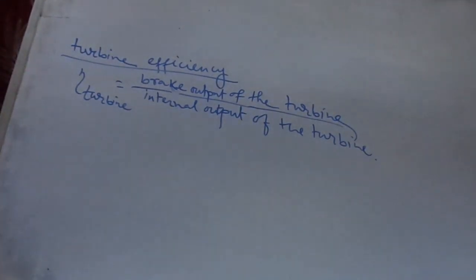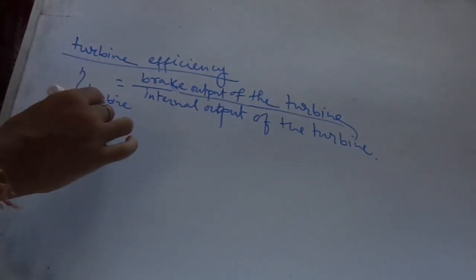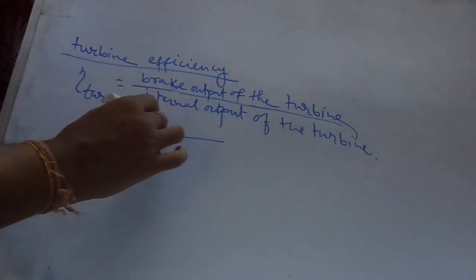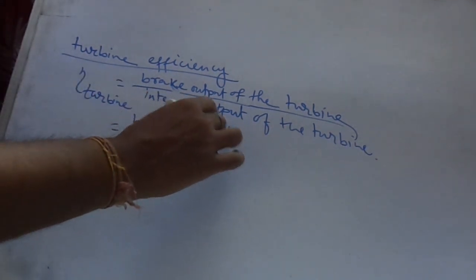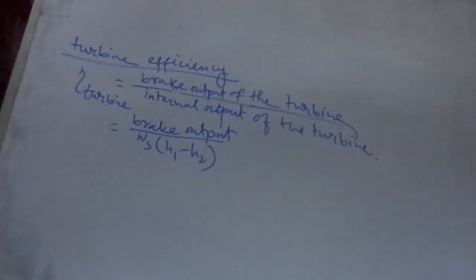So that is the turbine efficiency: brake output divided by WS, H1 minus H2.